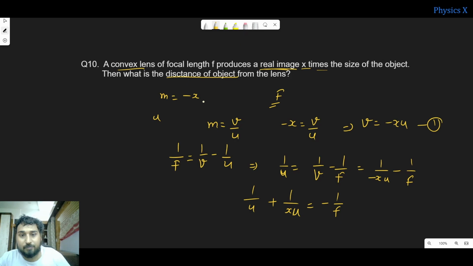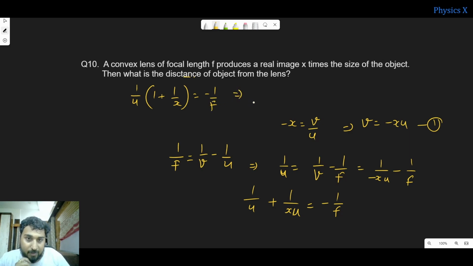So I will now solve this right here. So you can take 1 by u common on this side. If I take 1 by u common, it becomes 1 plus 1 by x is equal to minus 1 by f.